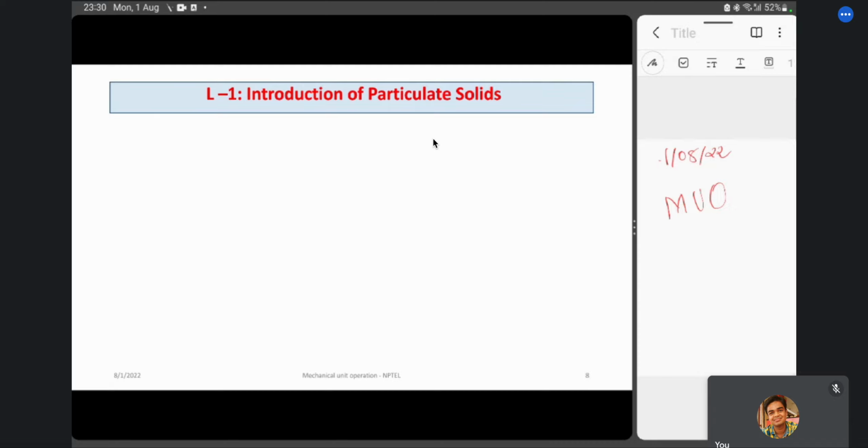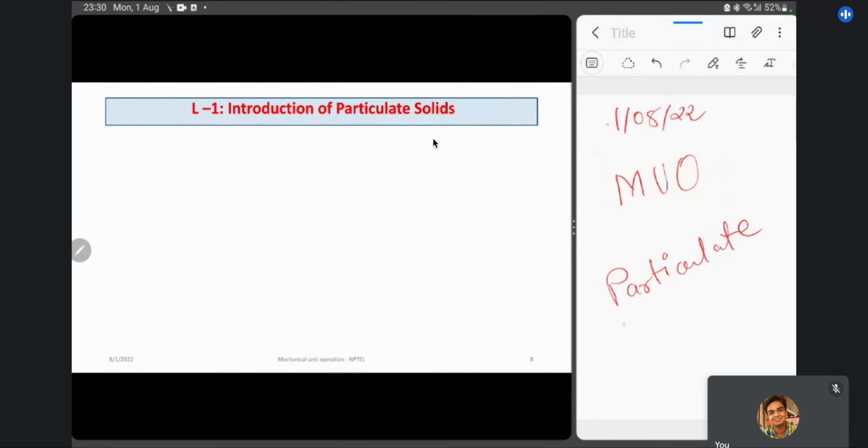Now, the introduction of the particulate solid. This is the name of the first lecture. So here we will discuss the particulate solid, or if you want to give it another name, then it will be solid particles.